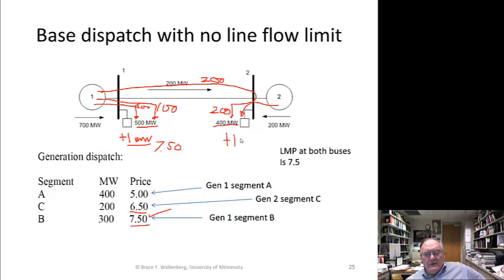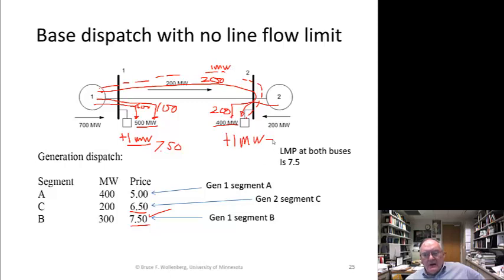Suppose over here I want to add 1 megawatt, and it turns out that I can go back to the same place here, and let me make this dotted, and there is 1 megawatt from the same generator at 750.